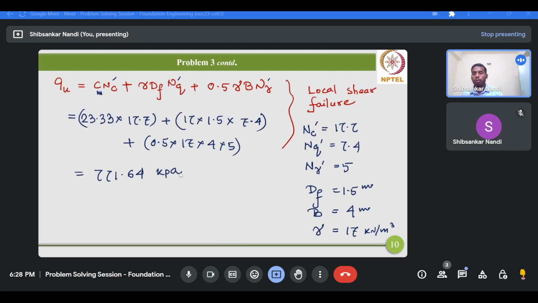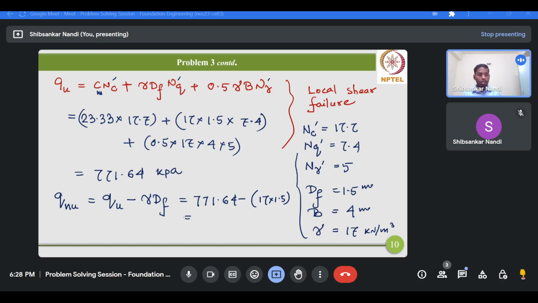But this is not the final answer, because we have to report the net safe bearing capacity for a factor of safety of 2.5. We have only calculated the ultimate bearing capacity. Therefore, we can calculate the net ultimate bearing capacity in this fashion: qu minus gamma Df, 771.64 minus 17 into 1.5, which will be, I hope, 746.14. Please check.